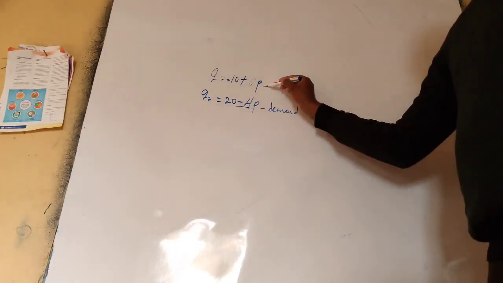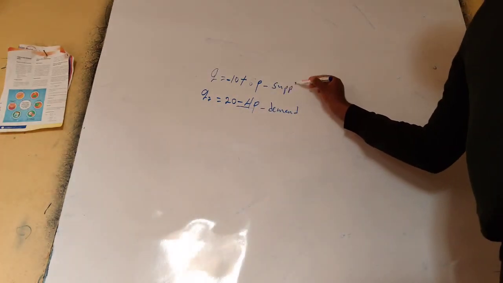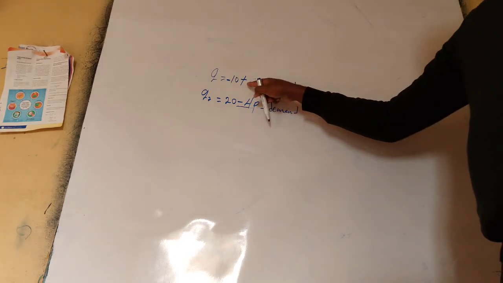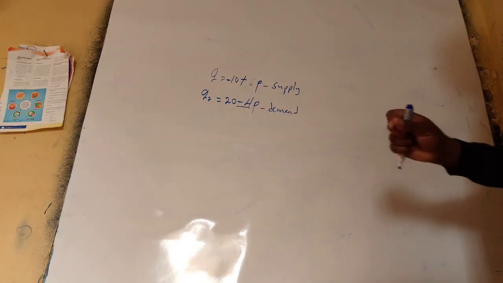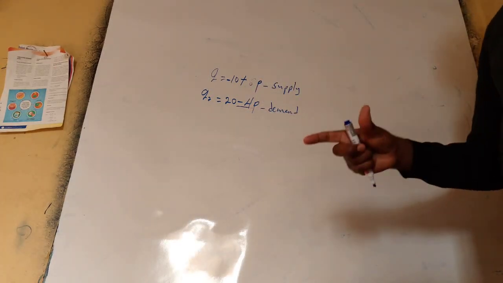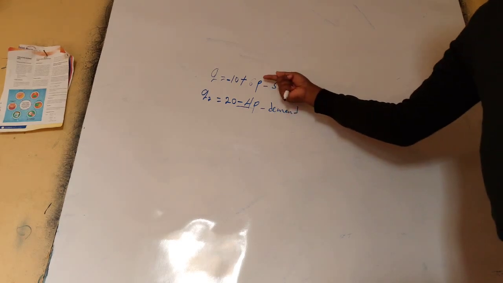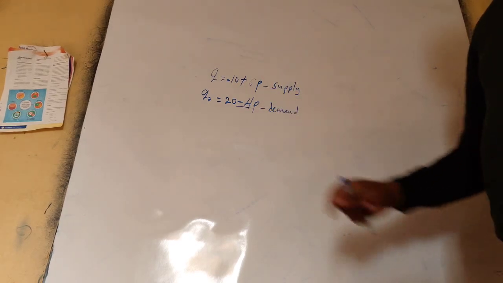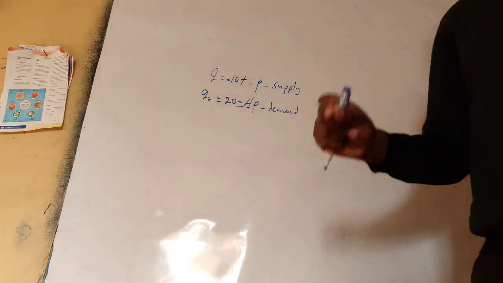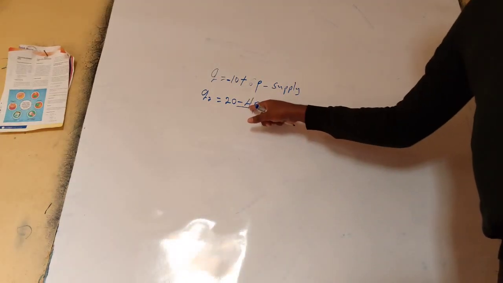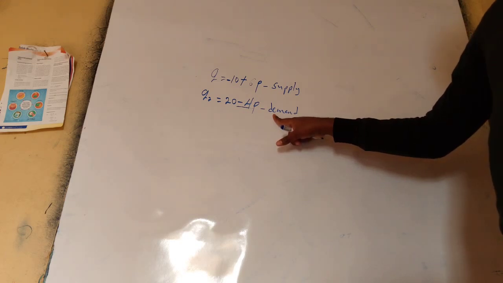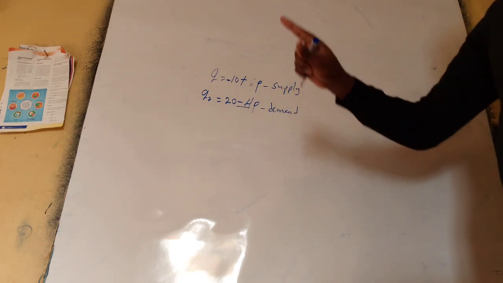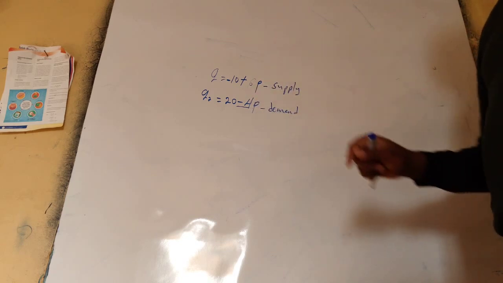This is my supply curve, simply because it has a positive coefficient, a positive gradient. So first of all, when given two equations, identify the common letter in the two equations. Then the one with the negative sign becomes the demand curve, because demand has a negative slope.